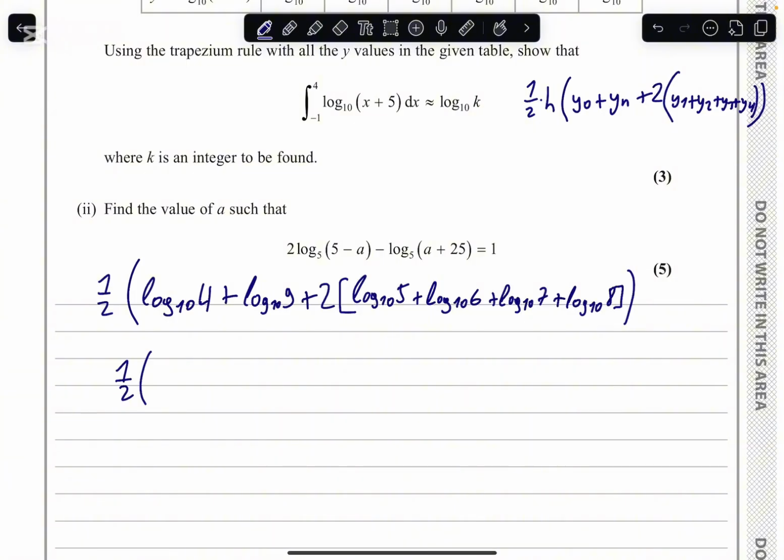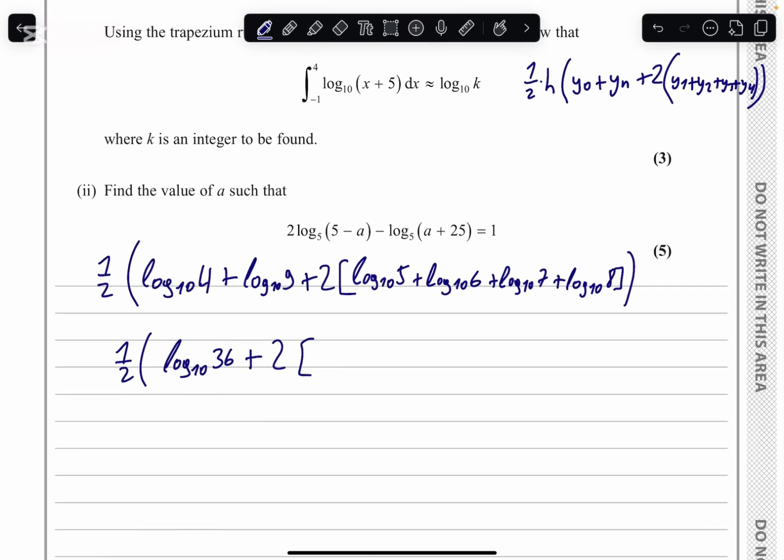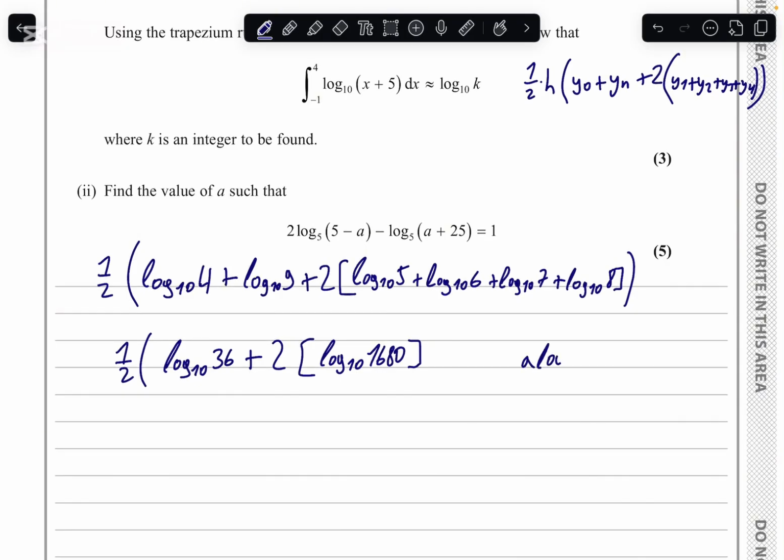So log base 10 4 plus log base 10 9 is the same as log base 10 36, plus 2 times all this, which will be log base 10 of 5 times 6 times 7 times 8, which will give us an answer of log base 10 1680.